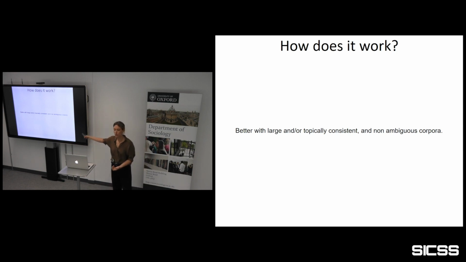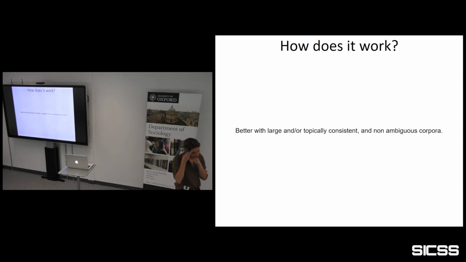If you only see a word once, it only gets to do the vector creation, the community context creation, once. And maybe that was an aberrant use of the word, or a biased use of the word, and suddenly you think that those two are related and they're not.